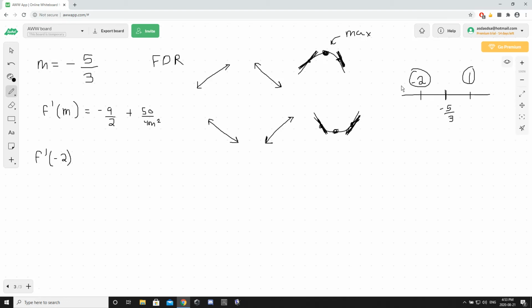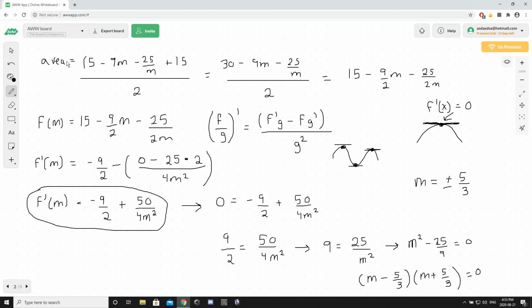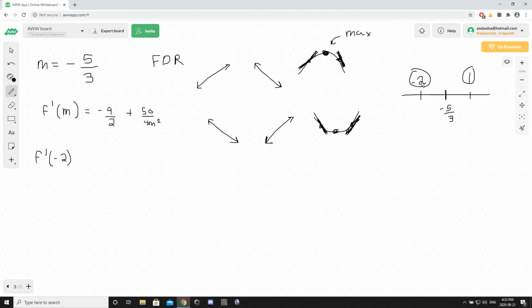Okay, so if negative 5 over 3 does in fact yield a minimum area, then I'm expecting that my answer here better be a negative.